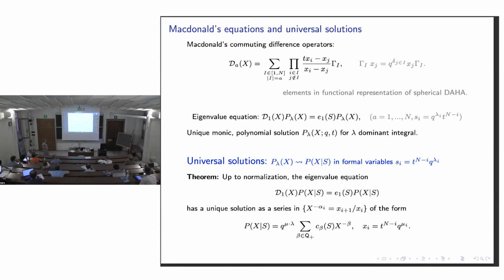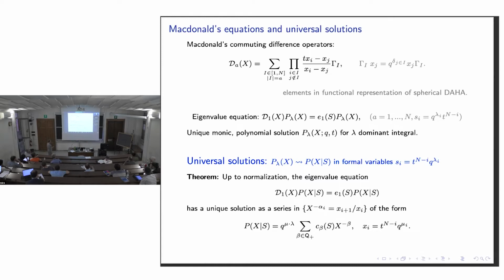So beta here is in the positive root lattice because it's x to the minus beta. It's a triangular system and you can solve it for these coefficients. So if you pick C0, then the solution is uniquely defined. That's the scalar, C0.